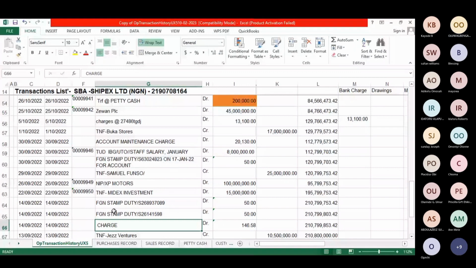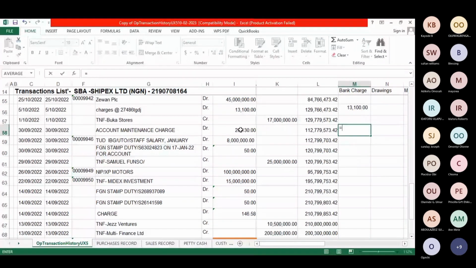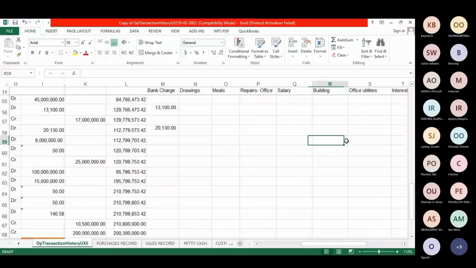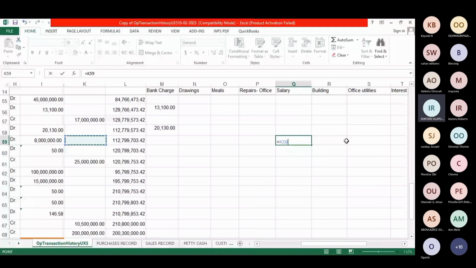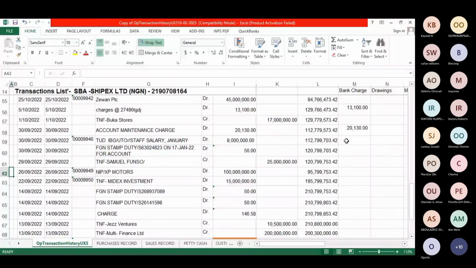Salary, I'll come to here. I have salary. 8 million. Just be based on an assumption that it is bank charges.